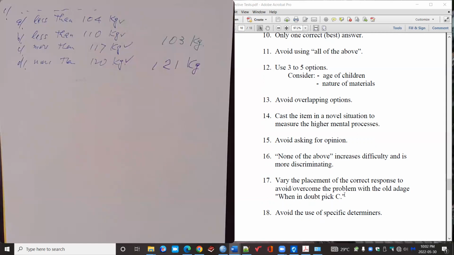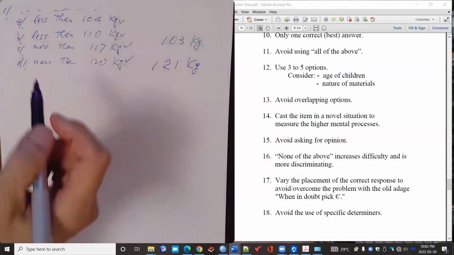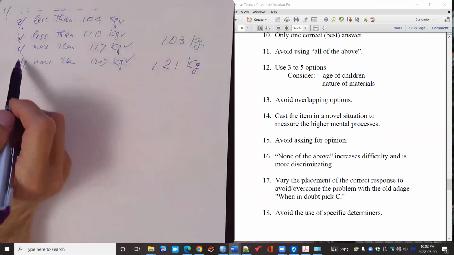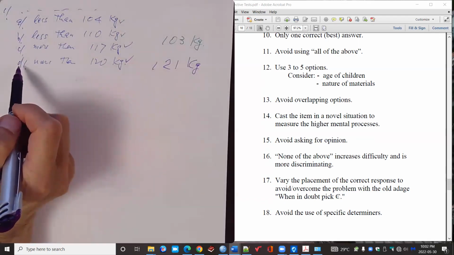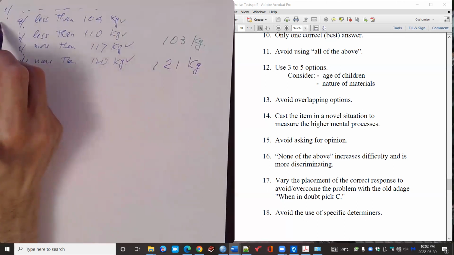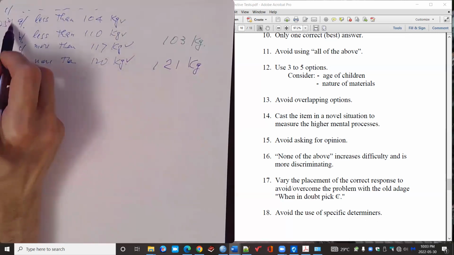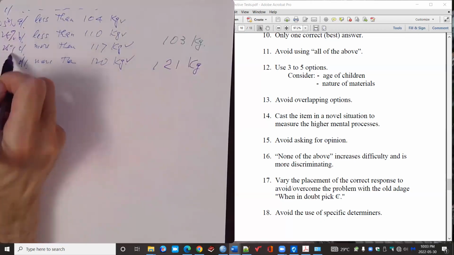Now, vary the placement of the correct response to overcome the problem with the old adage, you remember that? When in doubt, pick C. So you want to make sure you have about equal numbers. Say with options 1, 2, 3, 4, you have about 25% correct answers in each.